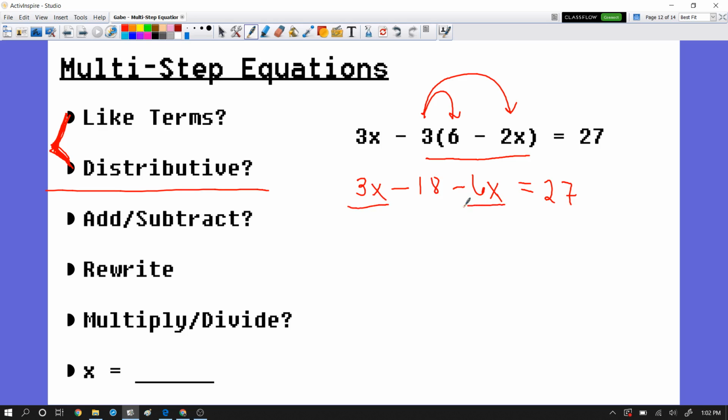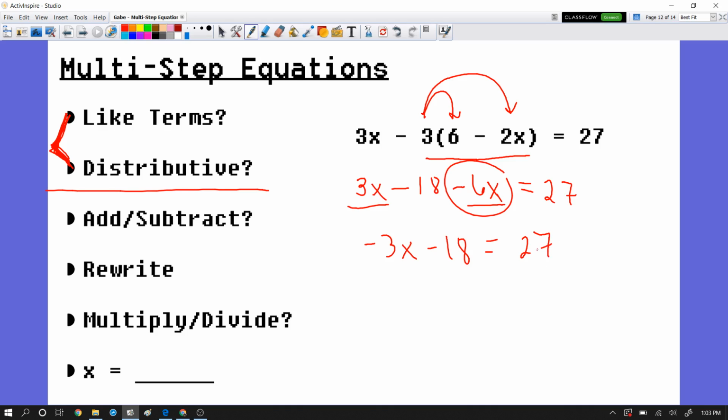See some numbers and an x next to them. So I got a 3x and a negative 6x. 3x and negative 6x will give you negative 3x minus 18 equals 27.